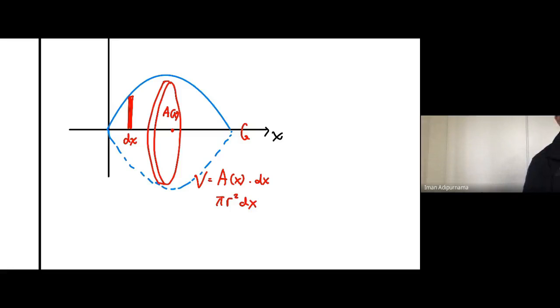It's the height of the function, correct? This is our r, right? And it will be changing alongside the function. So r will be the function. Is it quite easy to understand? Easy, right? Okay.